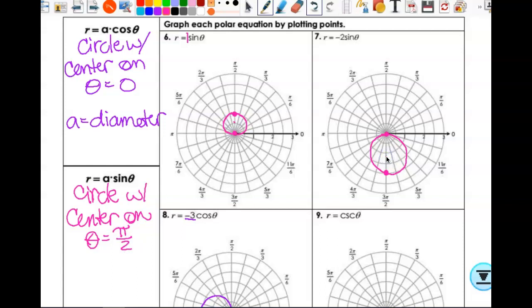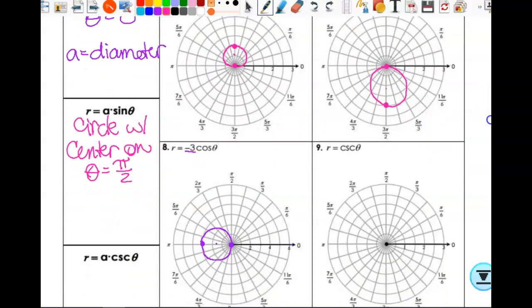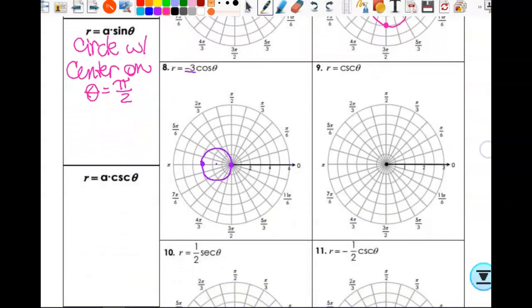Ooh, that circle was really lopsided. I can tell once I put the center on there. And then once again, a is the diameter. All right. What questions do you have? Anything at this point?